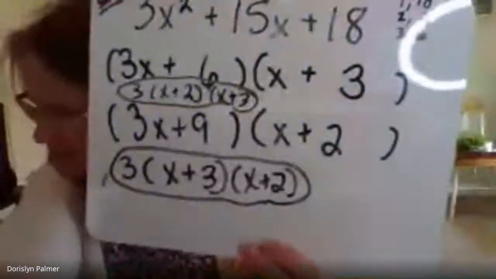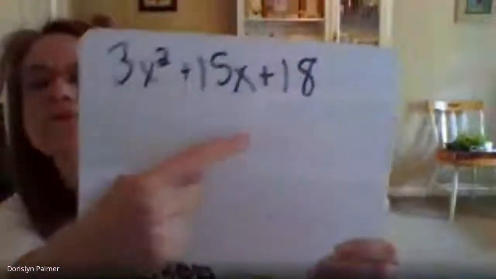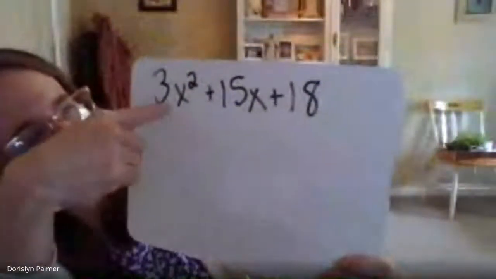So I want to tell you guys something that we should do with this one before we even start. Before we even start on one like this, to make it easier, so it is 3x squared, I'm going to start from the beginning, plus 15x plus 18. We should always be thinking, is there anything I could factor out? Anything I could divide 3, 15, and 18 by, and we could factor out a 3.